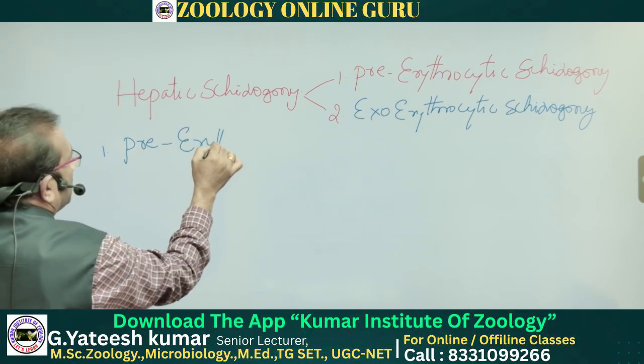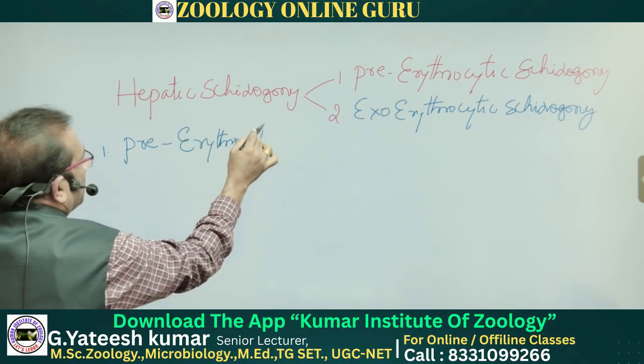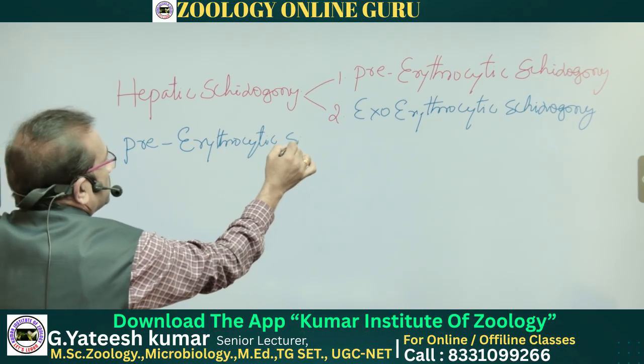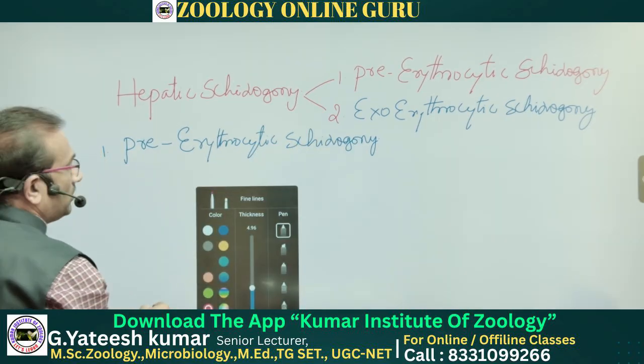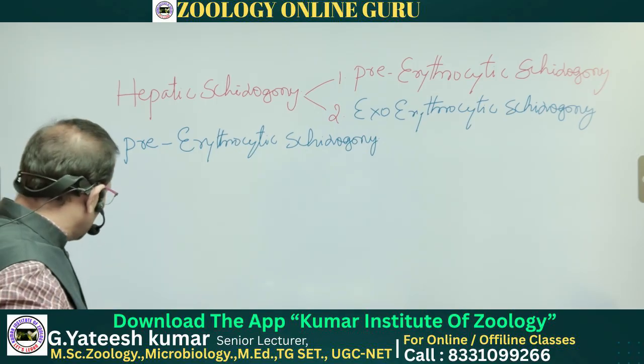Next, coming to the first one, pre-erythrocytic schizogony. Yesterday in the last class we discussed the structure of sporozoite.